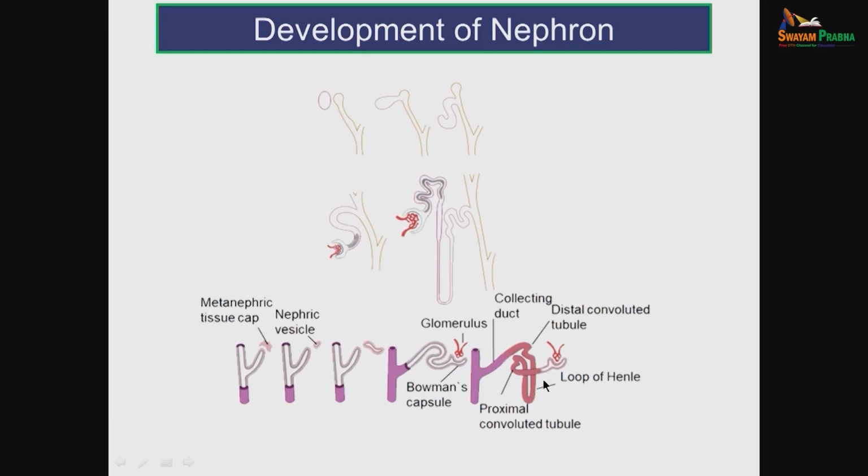And finally, the metanephric blastema differentiates into various parts of the nephron, namely Bowman's capsule, then the PCT, Henle's loop, and the DCT. So, this picture shows the various stages in the development of the nephron.